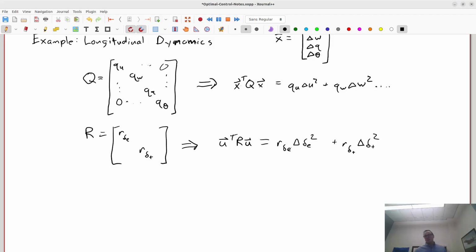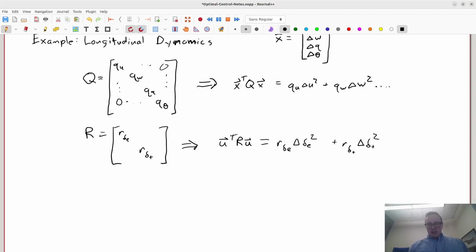This allows these Q and R matrices to allow us to choose which variables we want to drive to zero the most, or which state variables we want to drive to zero the quickest, or which control variables we want to limit the most.